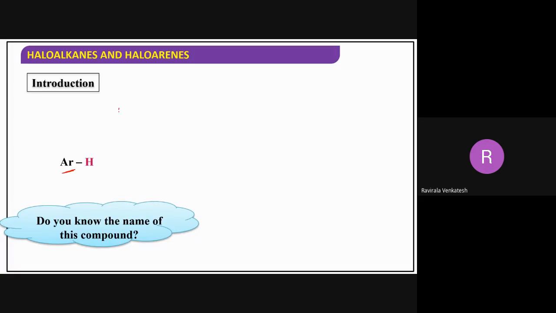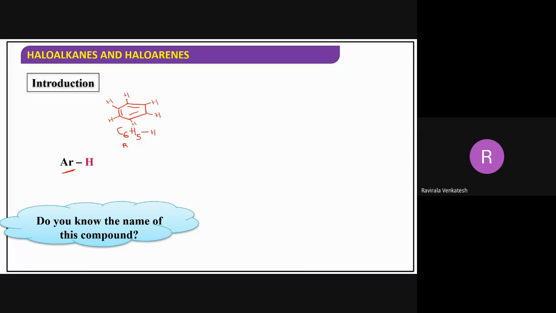You take benzene. This is called what? You can also call it C6H6. Both are the same. Everywhere you have hydrogen: six carbons and six hydrogens. Now, shall I write this as C6H5-H?